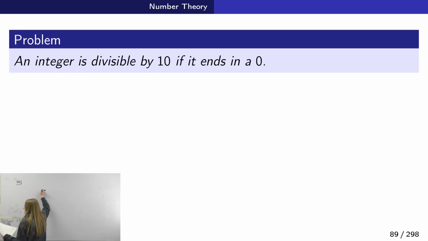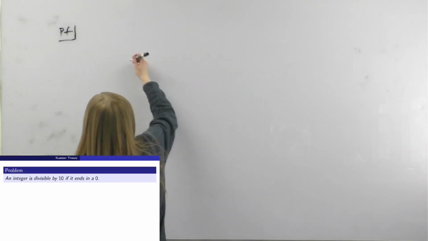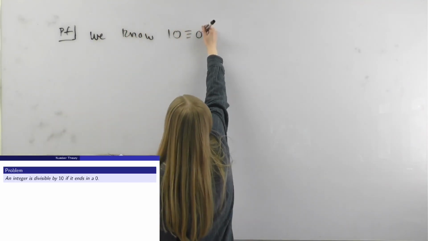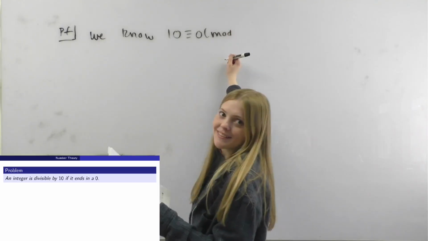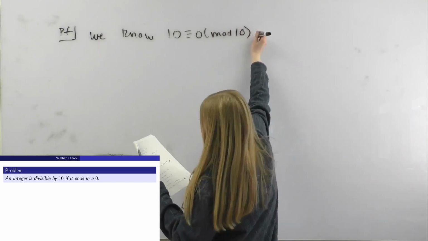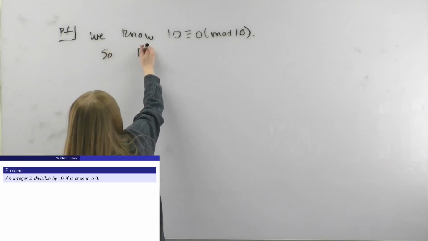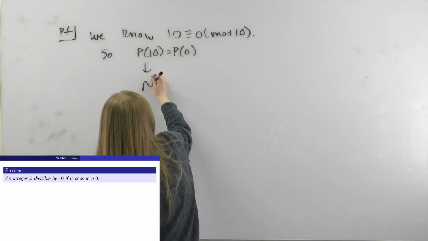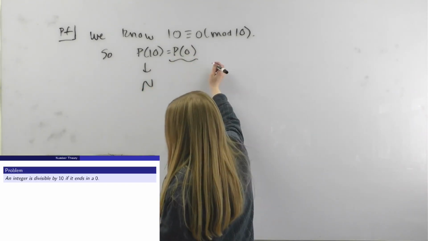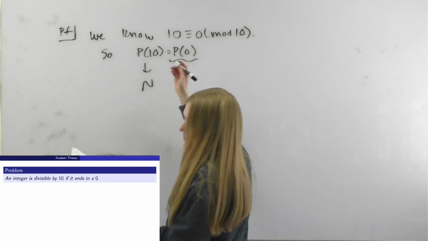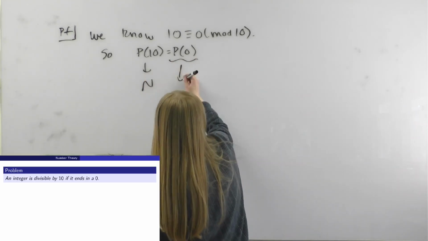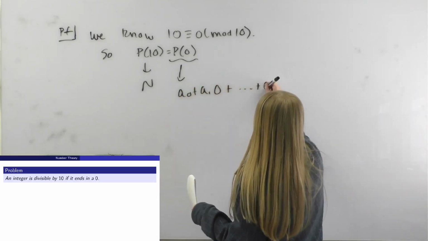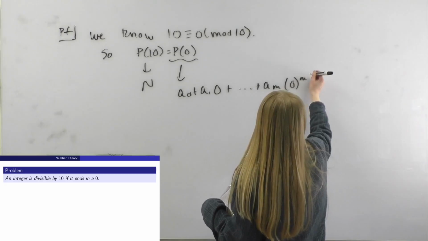Okay. An integer is divisible by 10 if it ends in a 0. We know 10 is congruent to 0 mod 10. Okay. So P of 10 is congruent to P of 0. This is just a base 10 number, n. I could write it out: a_0 + a_1 times 0 + ... + a_m times 0^m.